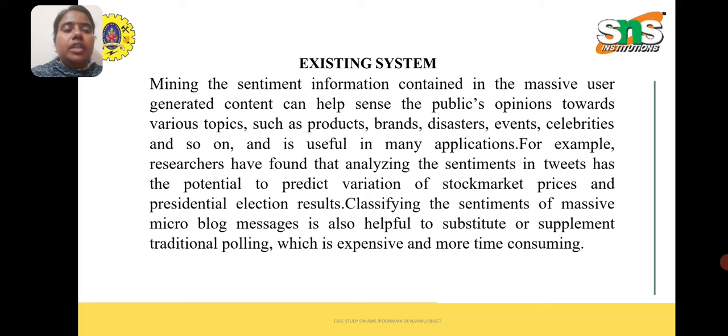So, in older days, the system consists of mining the sentiment information contained in the massive user generated content, which can help sense the public's opinions towards various topics such as products, brands, disasters, events, celebrities, and so on, and is useful in many applications.